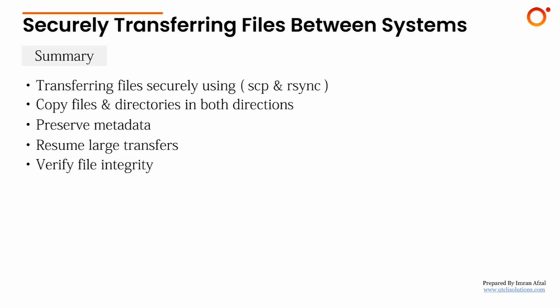If you're still unclear about anything, try practicing different combinations like copying to a different folder, renaming during transfer, or syncing with exclusion options. And remember, practice makes perfect, especially when it comes to file transfers across Linux systems.